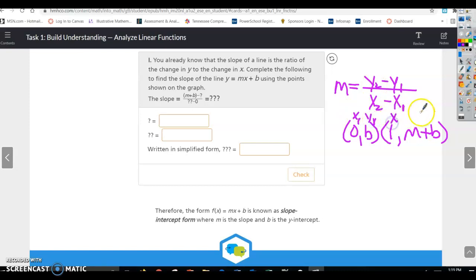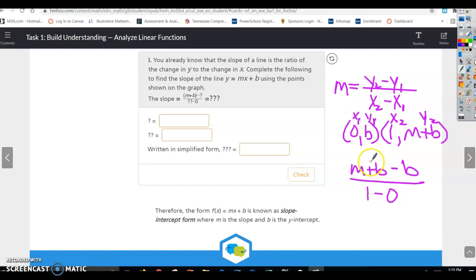This is my x and my y from my second point. And we're going to have m plus b minus y1 over x2 minus x1. All right, so that's going to be the slope.